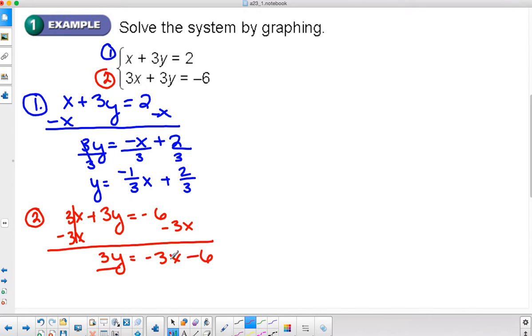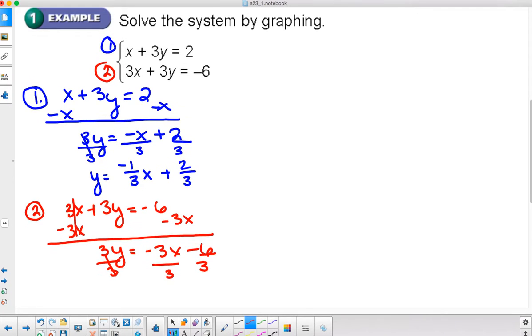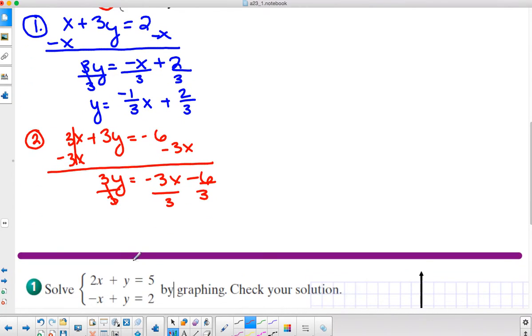Now we want to divide everything by 3. And this is going to give us y equals -1x, I'm just going to write -x. And then -6 divided by 3 is -2.